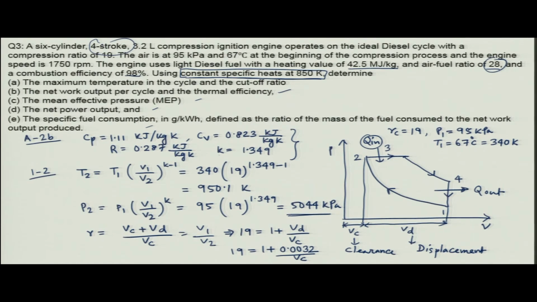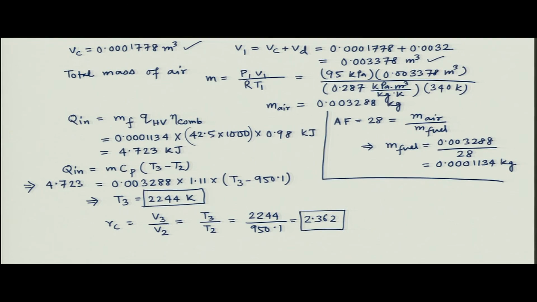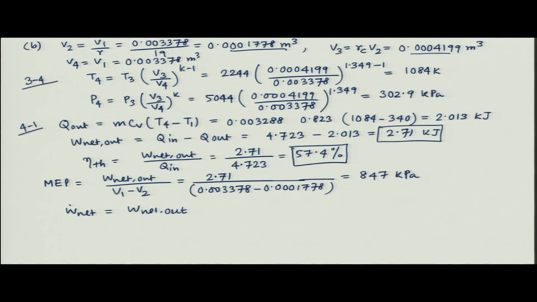There will be 4 strokes and in these 4 strokes there will be 1 power stroke. So, for every 2 rotations there will be only 1 power stroke. Therefore, we have to multiply it with n dot, the revolution per second, and divide by 2, because for every 2 revolutions there will be 1 power stroke.